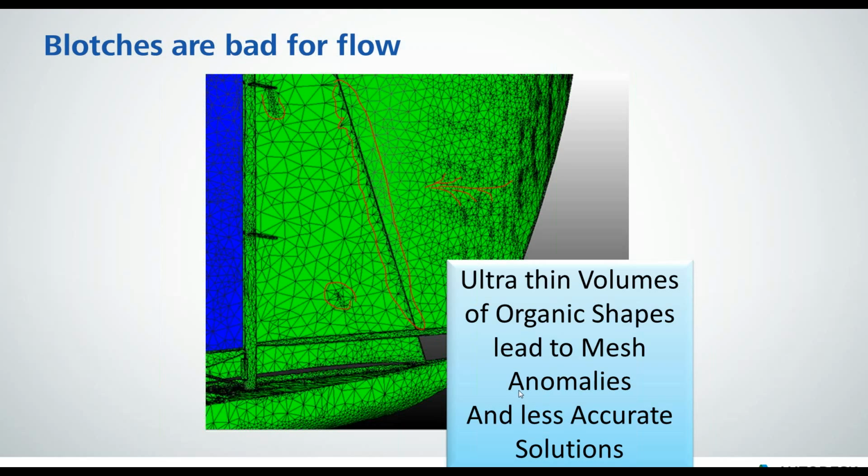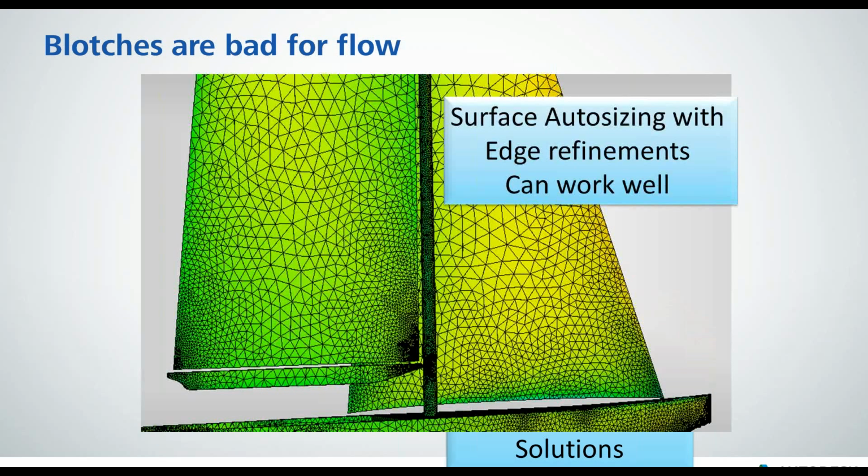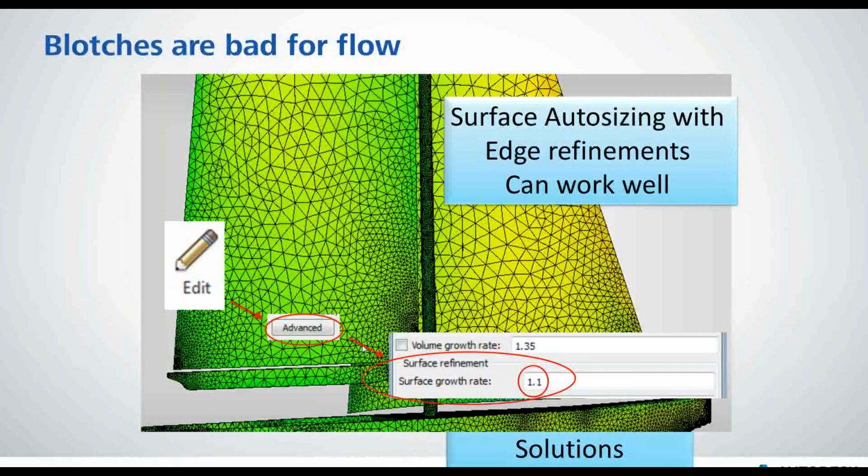Here's a technique to do that. With the model in CFD, I used surface auto-sizing. I leveraged our edge refinement technique too, and it worked very well for this model. What this means is when you're on the mesh panel and you click Edit, there's the Advanced button. Using that Advanced button, I changed my surface refinement, specifically the growth rate.